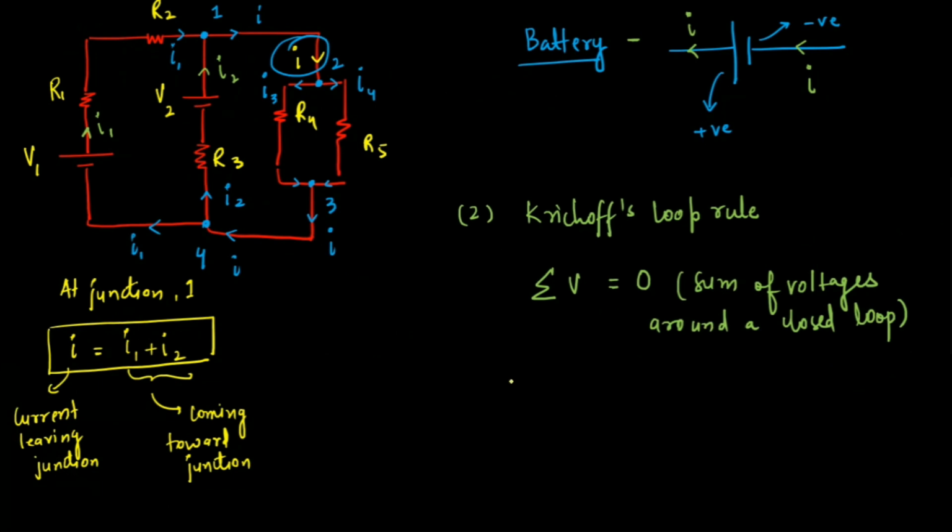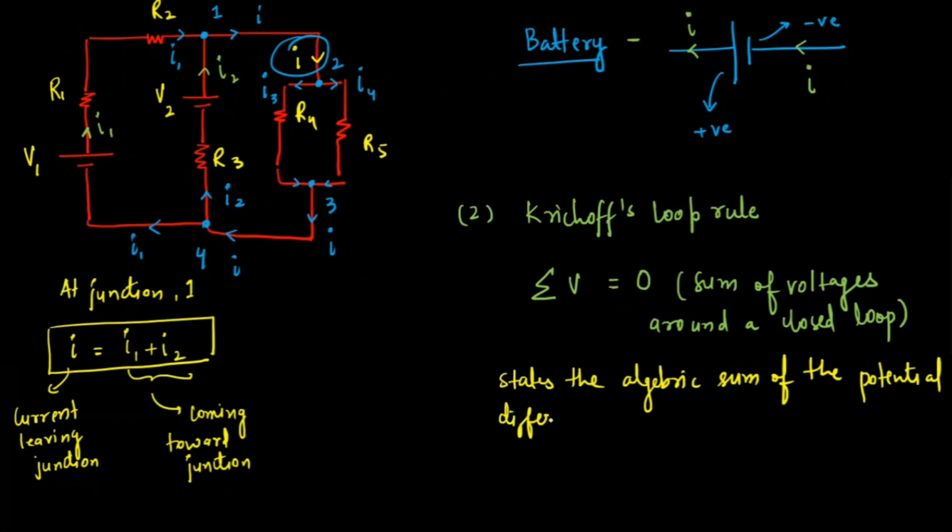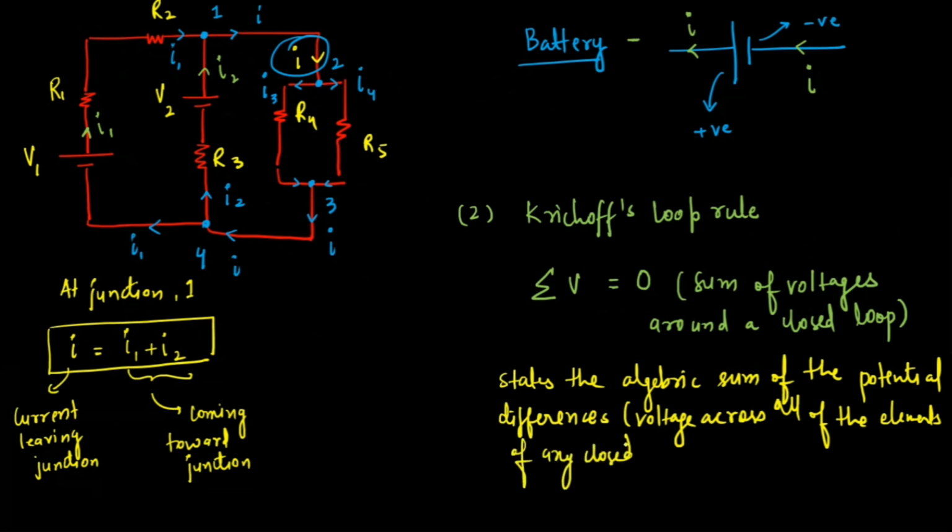According to this law, it states that the algebraic sum of the potential difference, that is voltage, across all of the elements of any closed loop, and the loop is supposed to be closed, is zero.